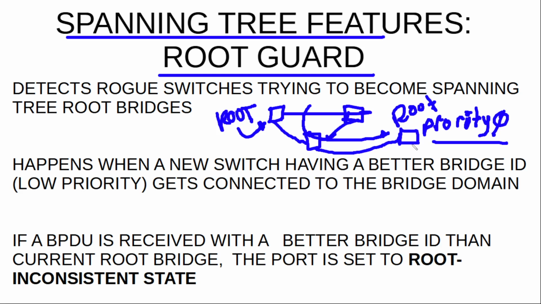This switch is not capable of handling all this traffic. Your whole layer 2 network will go down in seconds. So this can be considered to be an attack, or can be the source of an employee that doesn't know anything about the spanning tree and just plugs in a switch. So if you use root guard, this port here will be placed in root inconsistent state.